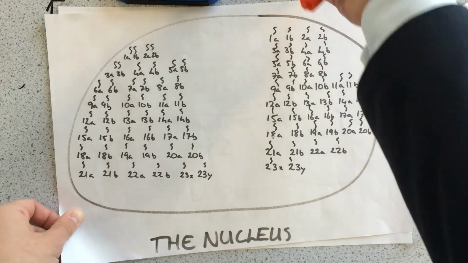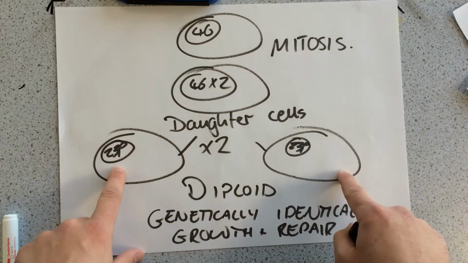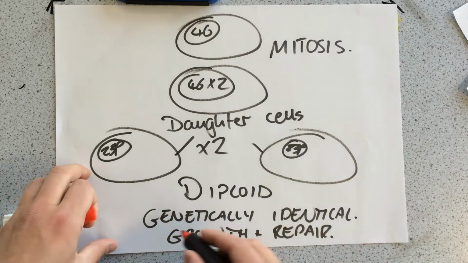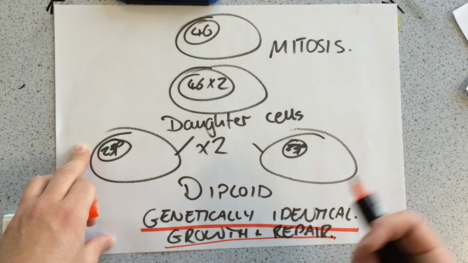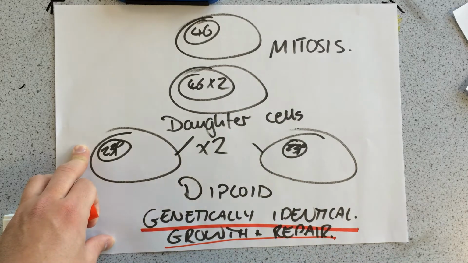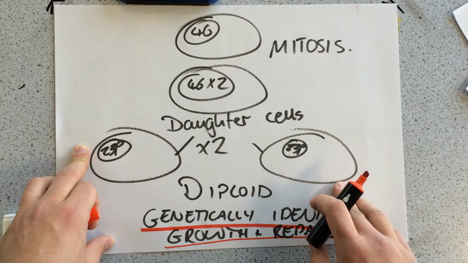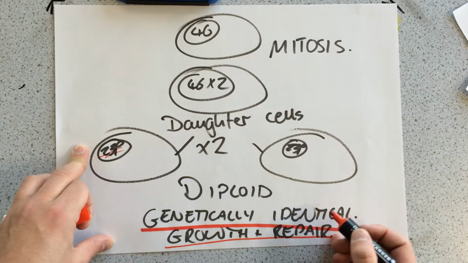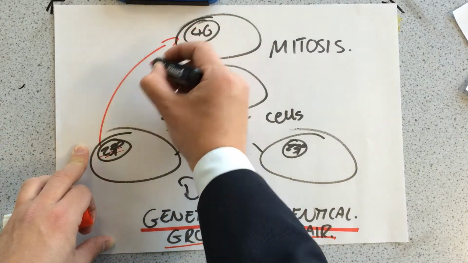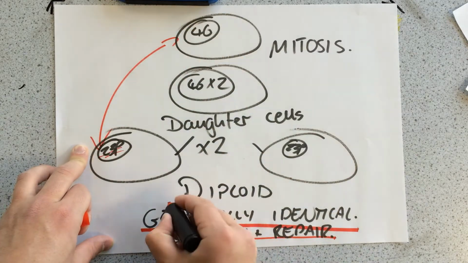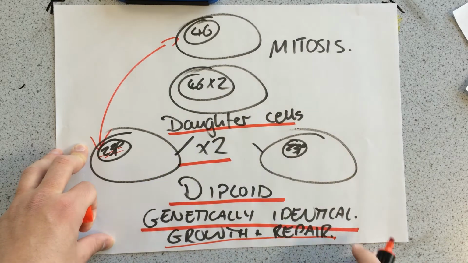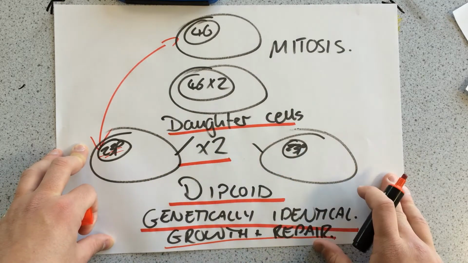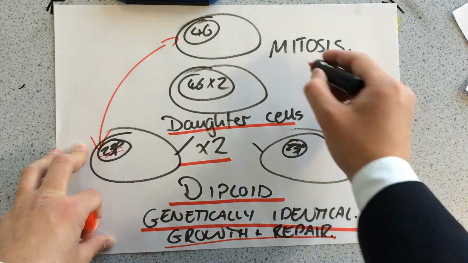So that when my nucleus finally does split and become 2 daughter cells, these are genetically identical. This is useful for growth and repair, because if you're trying to make skin, you need to make exact copies of skin cells. To have an exact copy, I need 23 pairs of chromosomes. And because that's the same as having the 46 original chromosomes, I can call that diploid. So my 2 daughter cells can be used for growth and repair, and that's called mitosis.